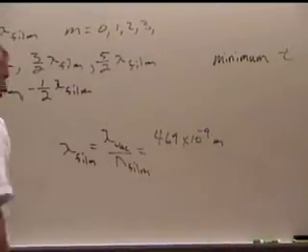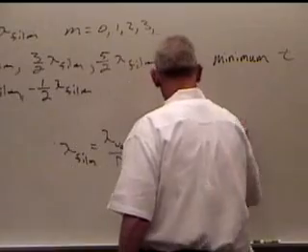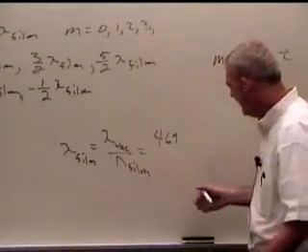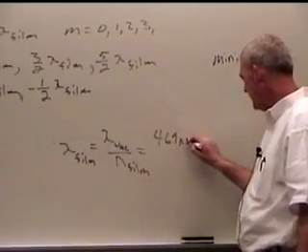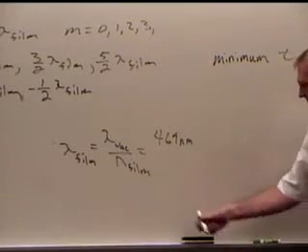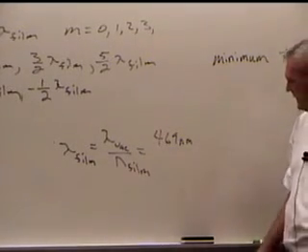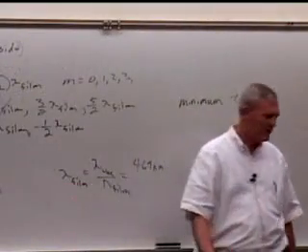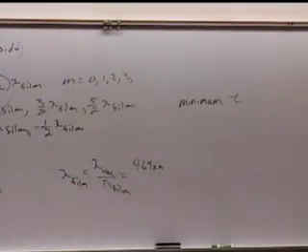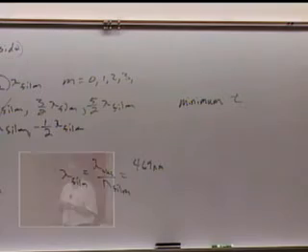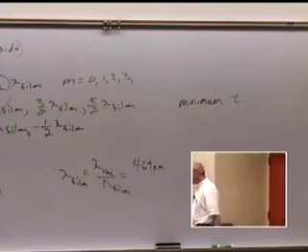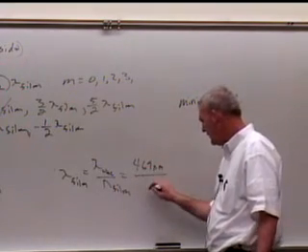Oh, we could just leave it as nanometers, because I would think that the thickness of the film would make more sense in nanometers, or just as much sense in nanometers as it would in meters. Divided by 1.4.